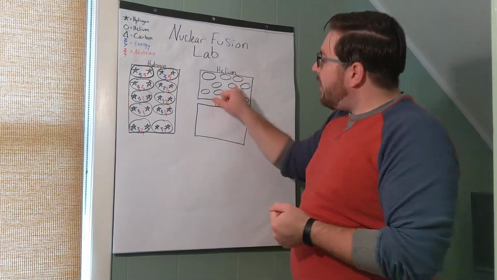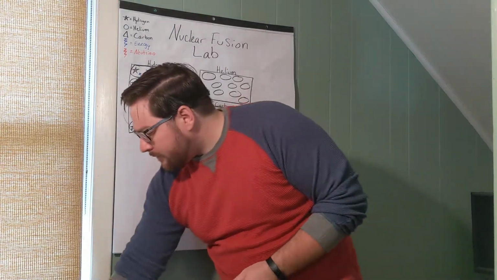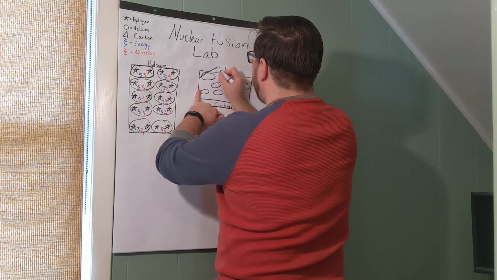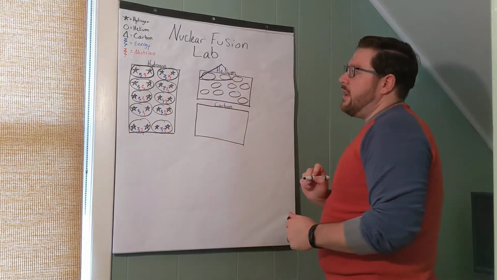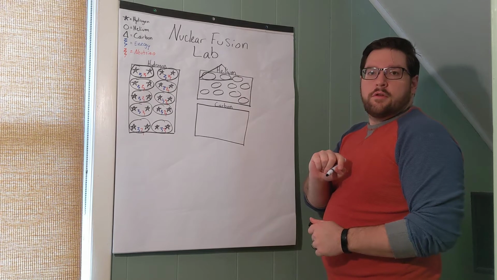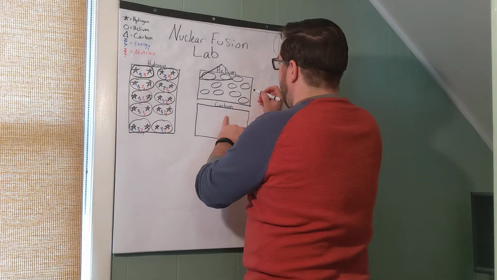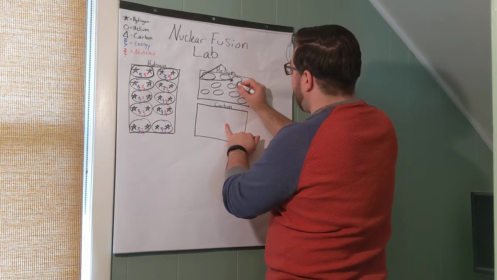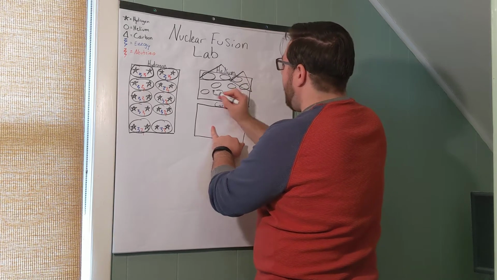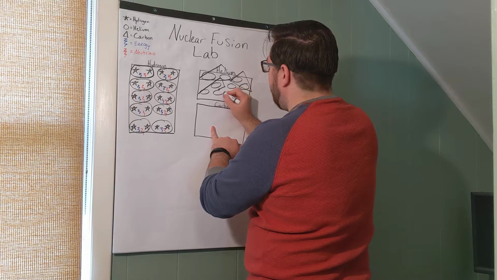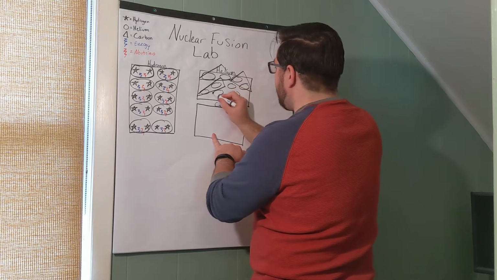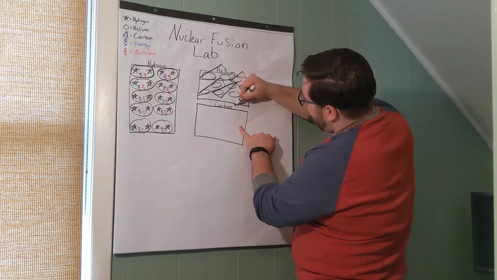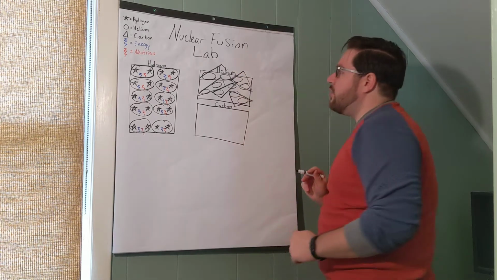So that even bigger nucleus is being combined. Okay, so this is a new atom. And this is going to be a new atom. And this is going to be a new atom. And this is going to be a new atom.